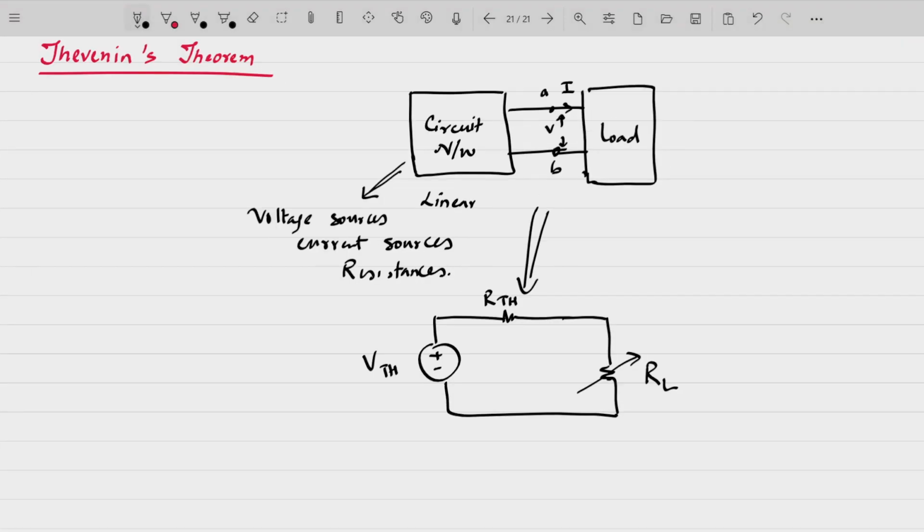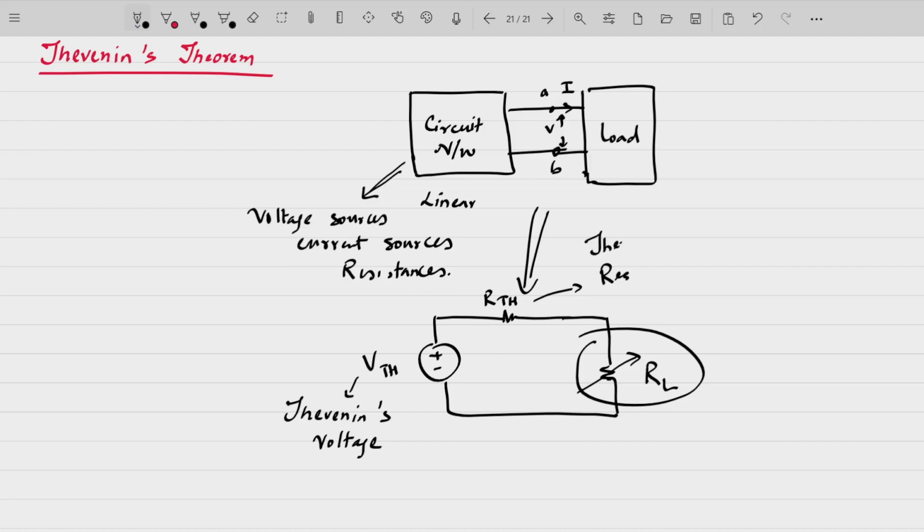You're only bothered with this particular load, that is the variable load RL. The rest of the circuit we are clubbing all together, and that can be converted into one voltage source and one resistance. This voltage source that we find out is known as the Thevenin's voltage, and this resistance that we find out is known as the Thevenin's resistance.